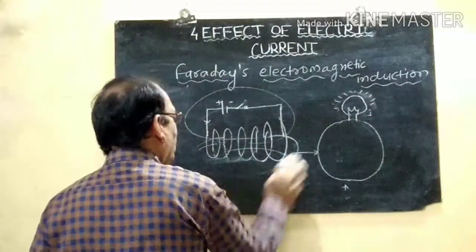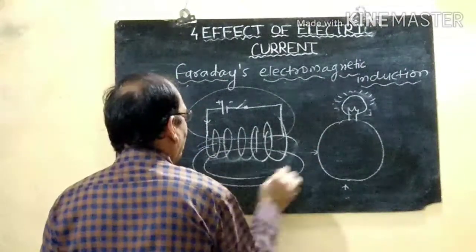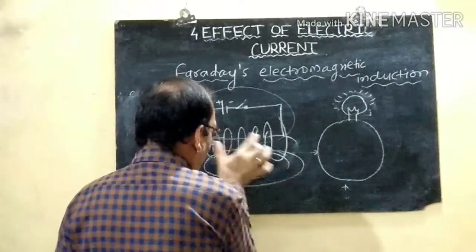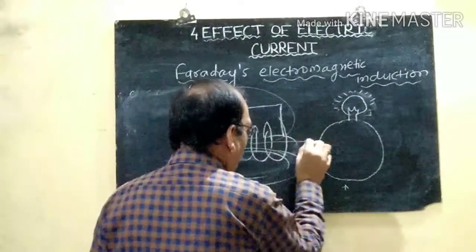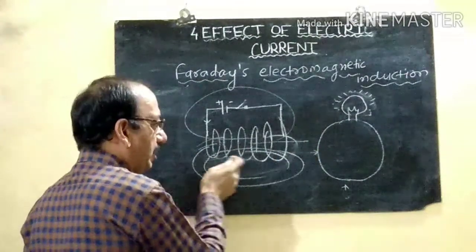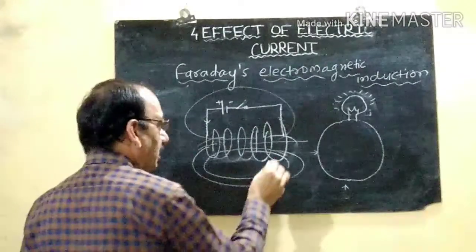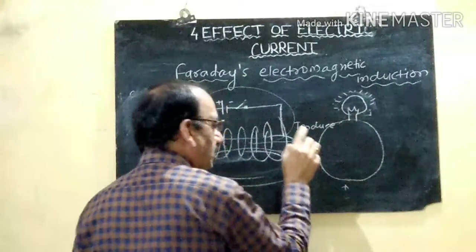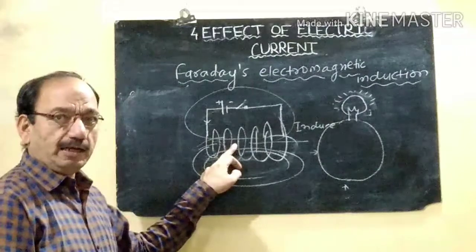The current produced in this activity, when we bring this solenoid coil towards the coil, or bring it away from the coil, is called induced current. Why is it called induced current? Because this current is produced due to the influence of a magnetic field.